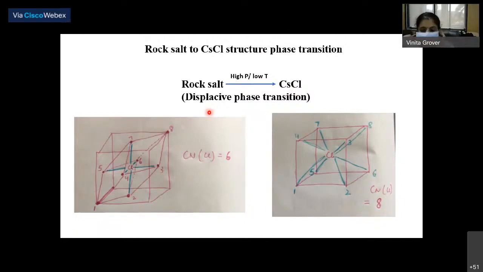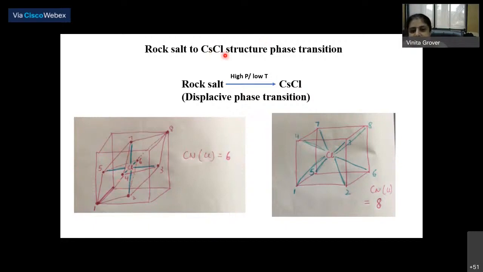Before I discuss this, I want all of you to take a minute and remember what the rock salt structure is. Ideally, you should not have forgotten it because we have repeated the rock salt structure probably in every class. Rock salt, all of you know, is NaCl, which means Na at all the corners and face centers, Cl at the body center and edge centers.